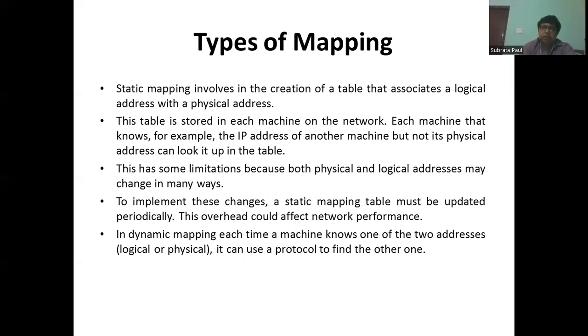In dynamic mapping, the two addresses, the logical and the physical address, can be altered by a protocol: when we know either of them, the physical or the logical, the other one can be found. Now, first we will see ARP, which maps the logical address to the physical address.